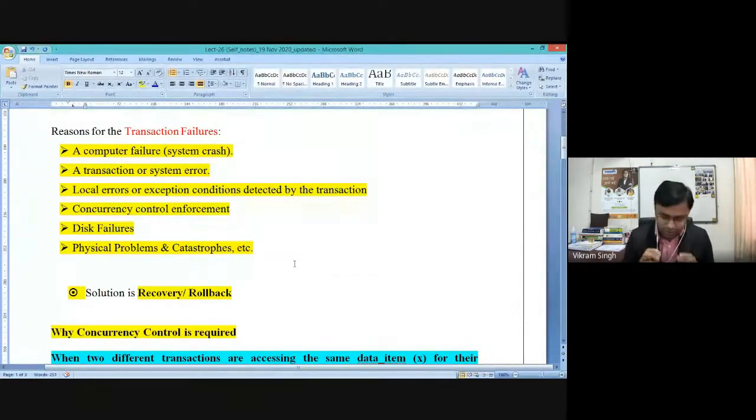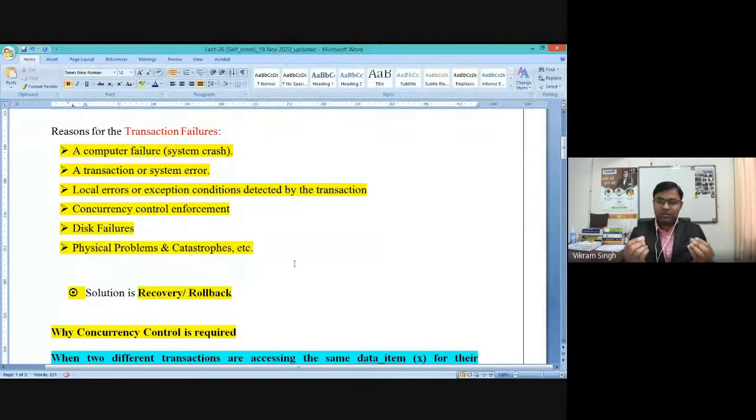If two transactions are accessing the same data value X, maybe concurrently or very close to concurrently, and transaction one, user one, is disrupted or fails for some reason, how does this failure affect the value of X available in transaction 2? Because each transaction is happening in an interleaved or overlapped manner.